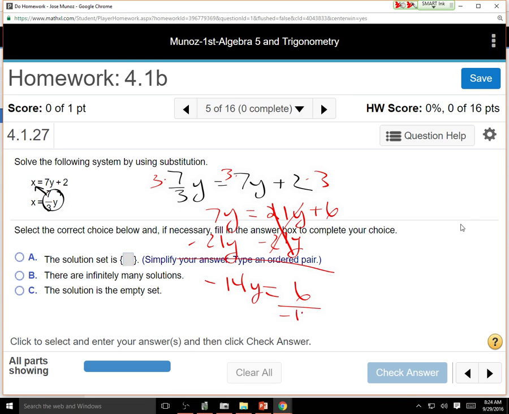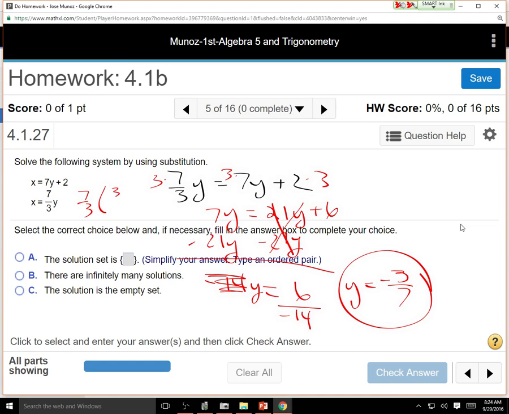So divide by negative 14. And y is what? Negative 3/7? Yeah. So y is negative 3/7. Which means x, and I'm just going to use this bottom one. So x is equal to 7/3 times negative 3/7. Oh, nice. X is negative 1. Do you see it? Both of my y's canceled out.